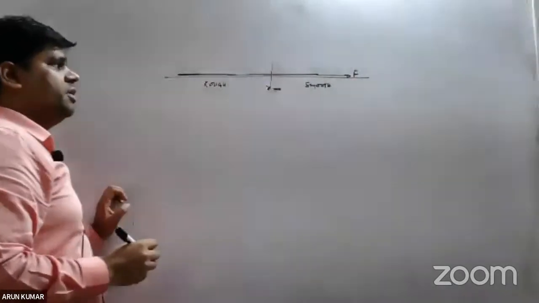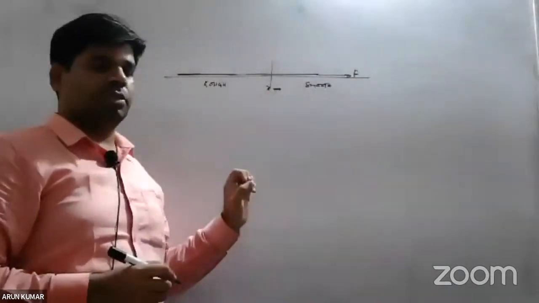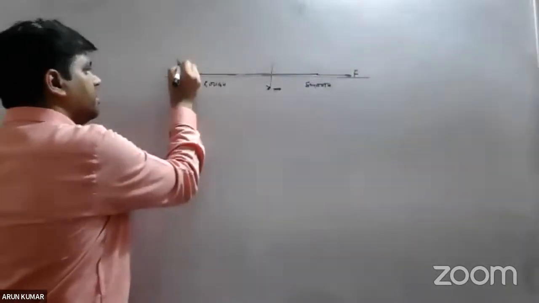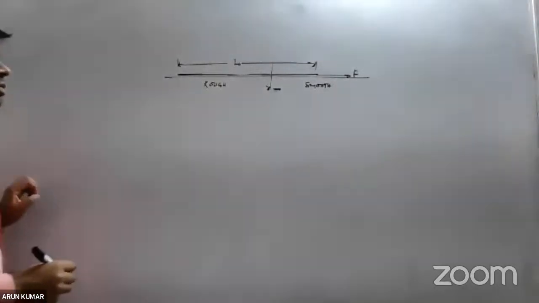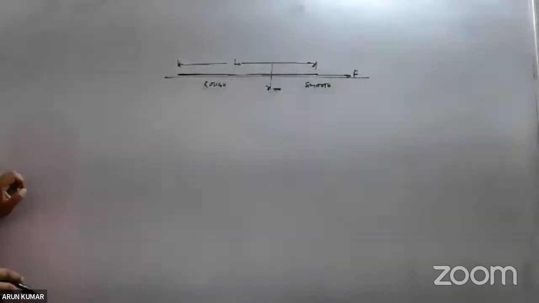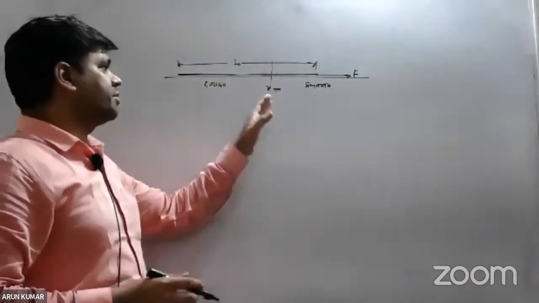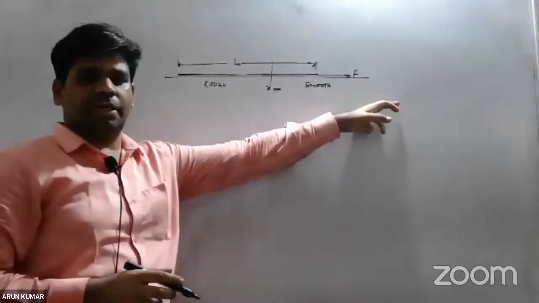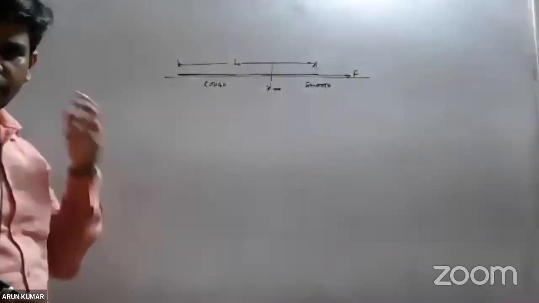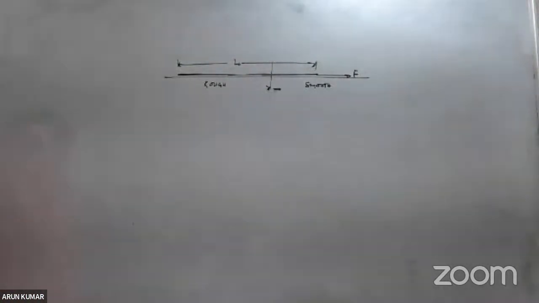Now to determine the velocity when it completely enters the smooth surface, the length of the rope is L. I have to determine the velocity when the rope completely enters the smooth surface, and this endpoint will reach distance L. Now there is variable acceleration. Why is it a variable acceleration problem?